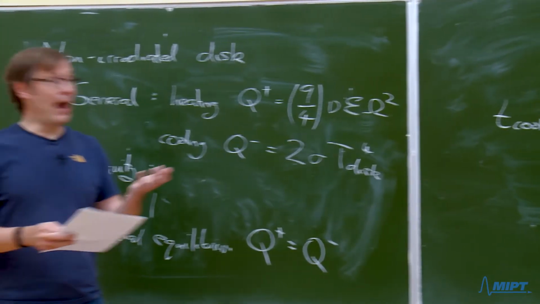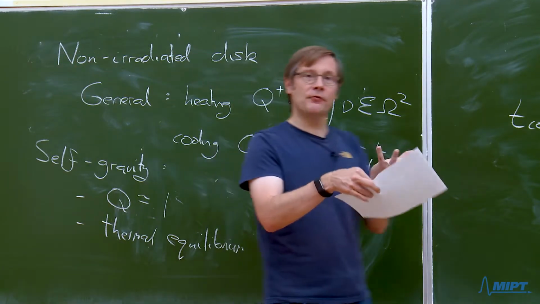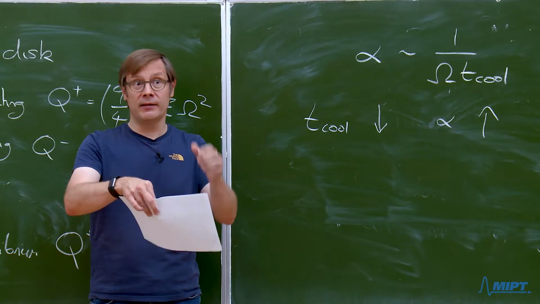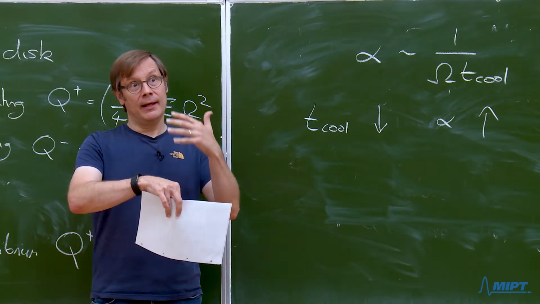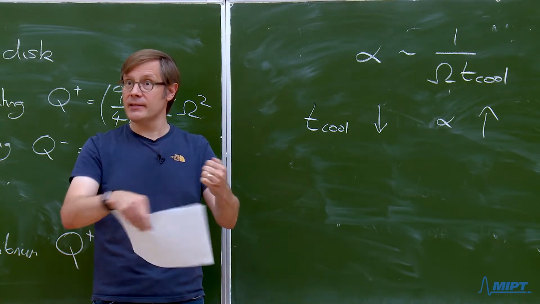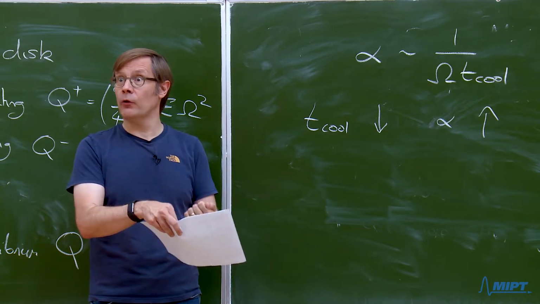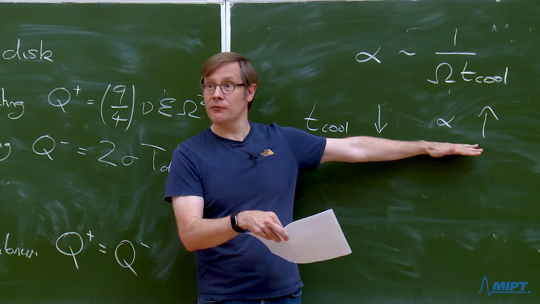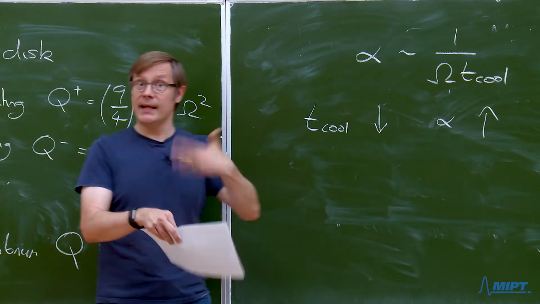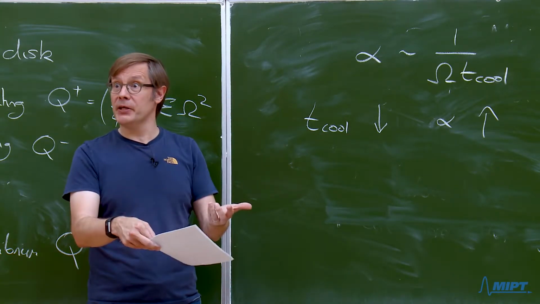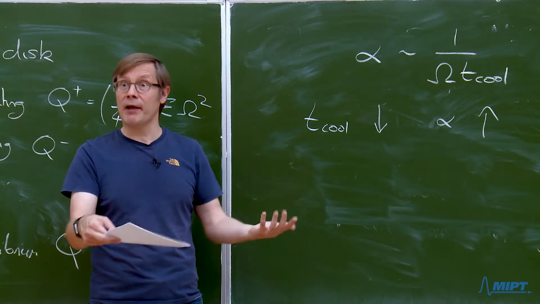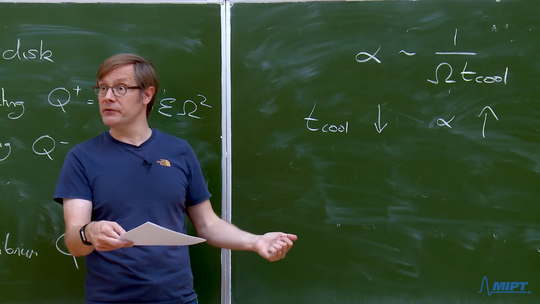If you think about how this works in a self-gravitating flow, angular momentum is being transported because one part of the disk is denser than another part, and it's exerting a gravitational torque on that other part. So an increasing alpha in a self-gravitating flow implies an increase in the density perturbations that self-gravity is generating, and basically the strength of the spiral arms being produced.